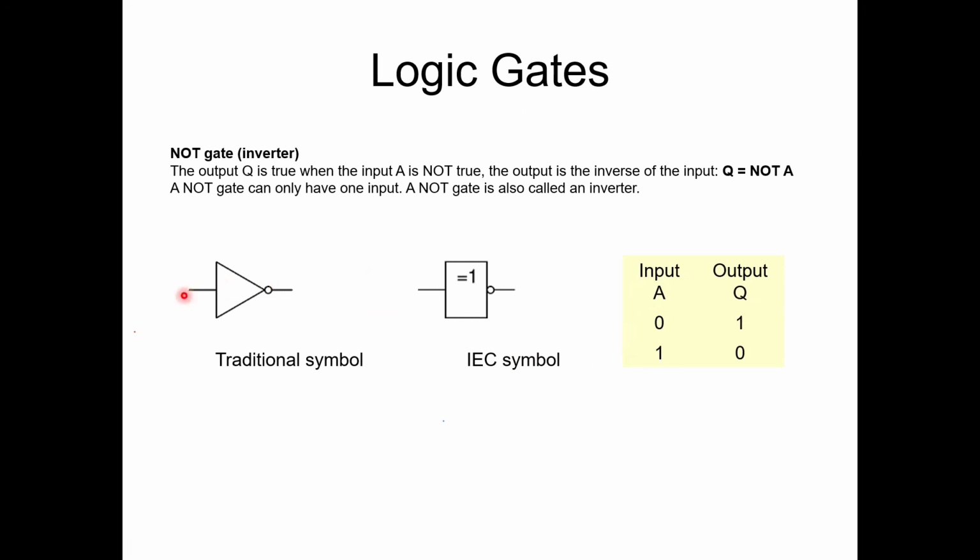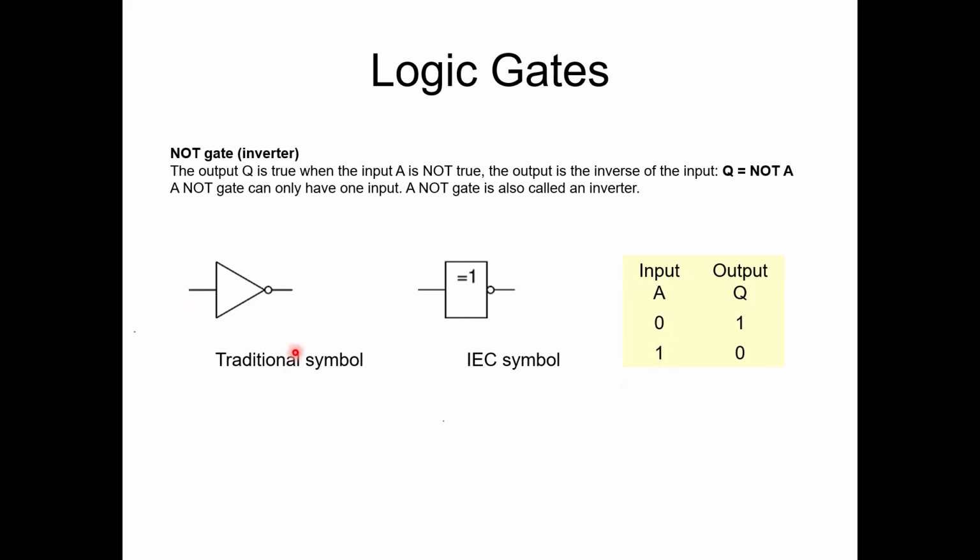Hence, I can have on this line A being 0 or A being 1. That means the possibility of data coming in here is only 2. How do I know it is 2? Because it is 2 raised to the power 1. 2 raised to the power 1 is 2. Hence, the possibility of data coming into this system is going to be 1 and 0.